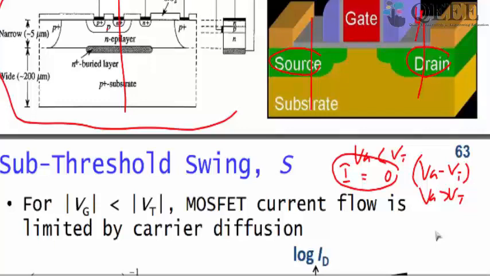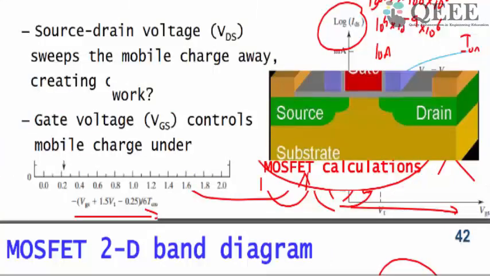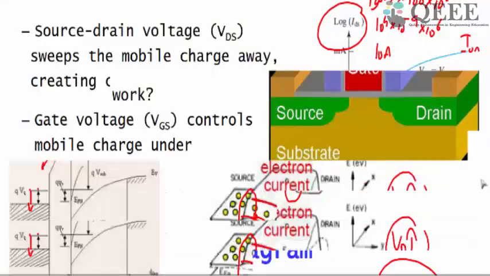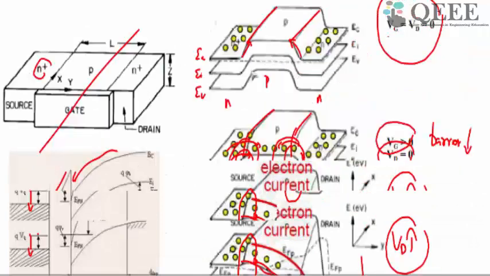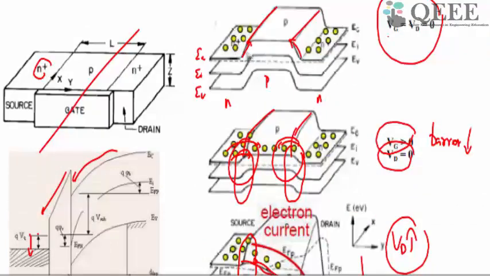If I go back and look at that band diagram, the gate voltage modulates this barrier. In the case of an NMOS device, application of a positive voltage at the gate reduces this barrier. So as we continuously increase the gate voltage, the barrier keeps on reducing continuously. It's not like the barrier is something like this one.